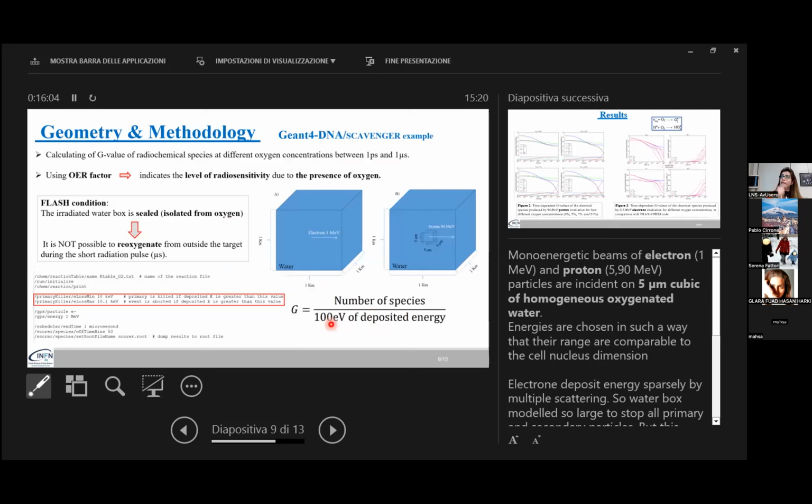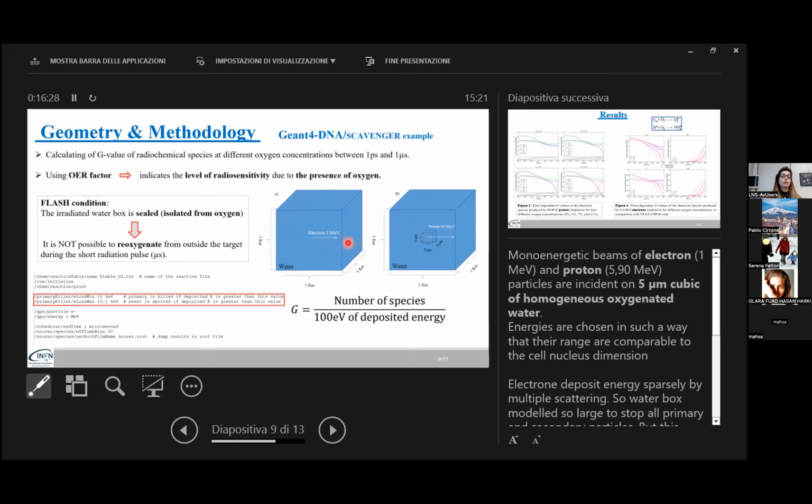This slide is related to the geometrical setups for our simulations. You can see here we considered two different setups for electron and proton irradiations, because protons and electrons have different behavior.